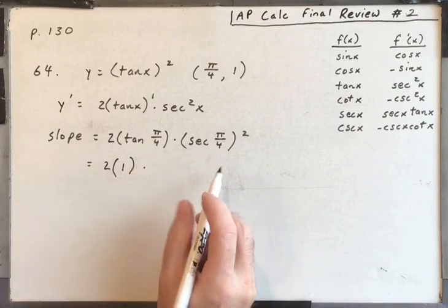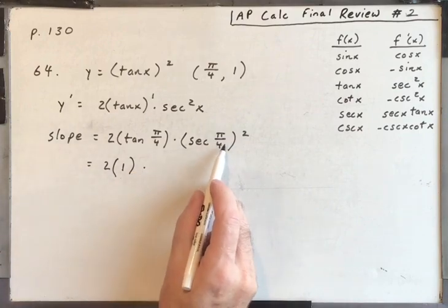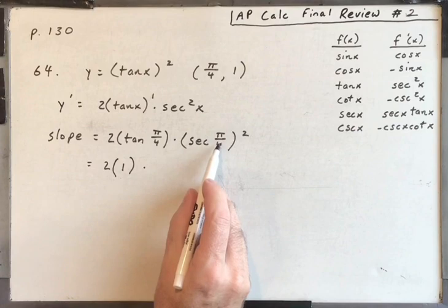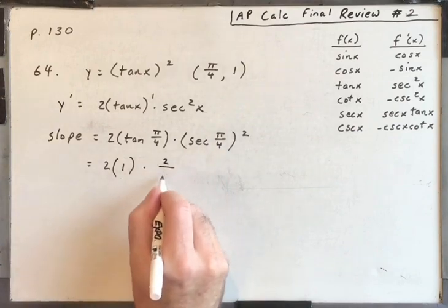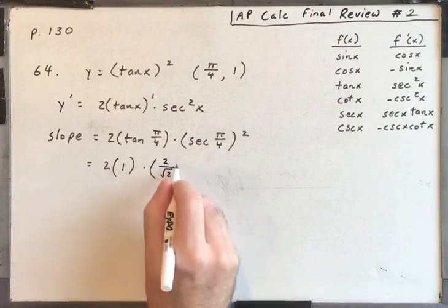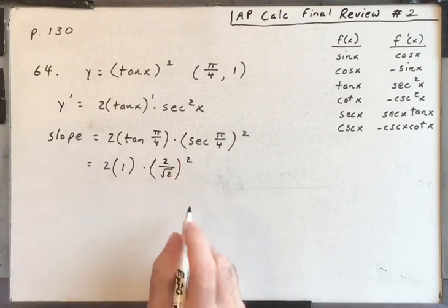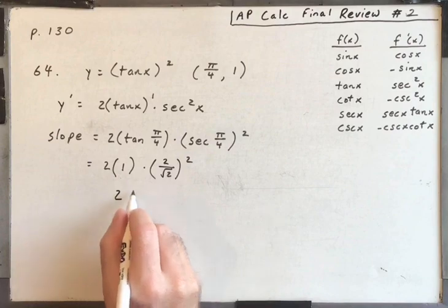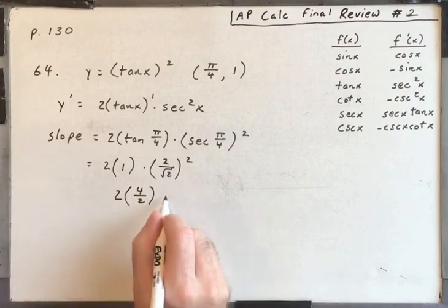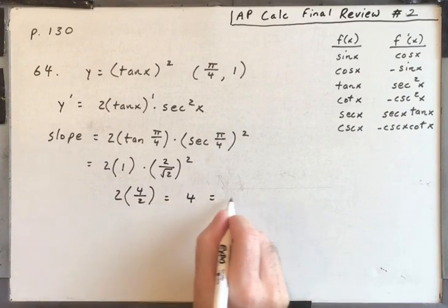So you'll have your unit circle. The secant of pi over 4, well, cosine of pi over 4 is root 2 over 2, so secant would be 2 over root 2. Just flip it, but we have to square that. So that's 2 times 4 over 2, which is going to be 4. So that's our slope.